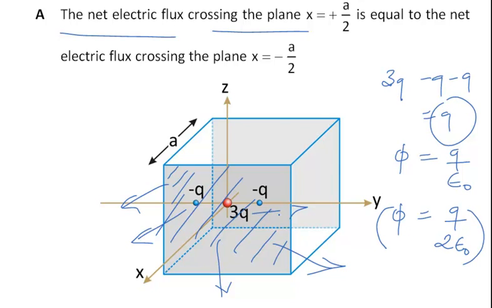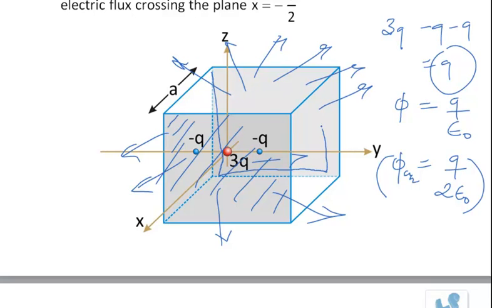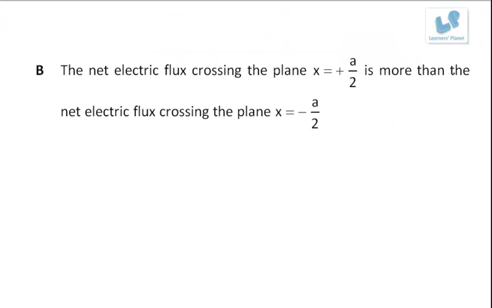Similarly, by symmetry, an equal amount of flux passes through the face opposite to it. That means if we extend this face to infinity on all sides, the total flux leaving is q by 2 epsilon naught. So the first statement is correct.